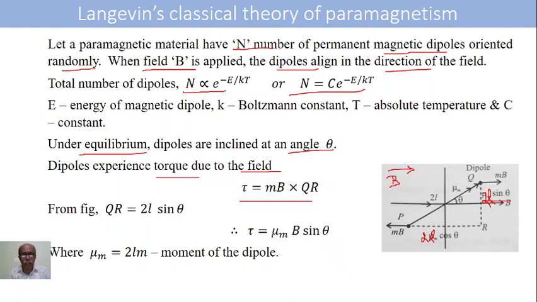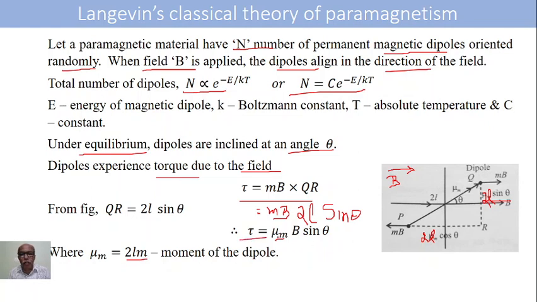Therefore tau is equal to mB multiplied by QR, which is 2l sin theta. 2l into m is taken as equal to mu m, and that we call the dipole moment, multiplied by B sin theta.